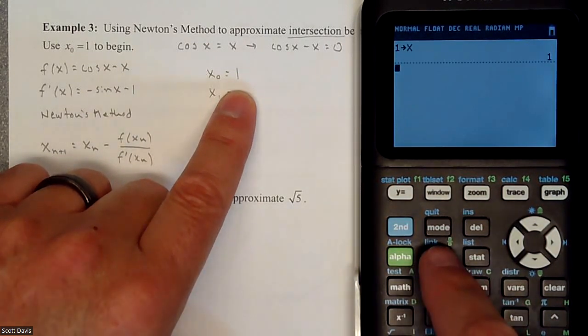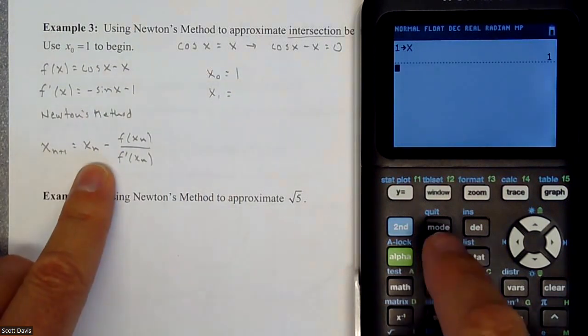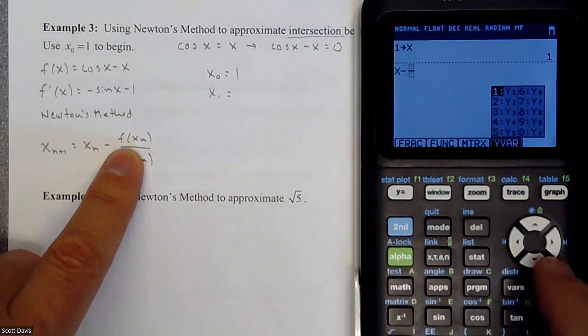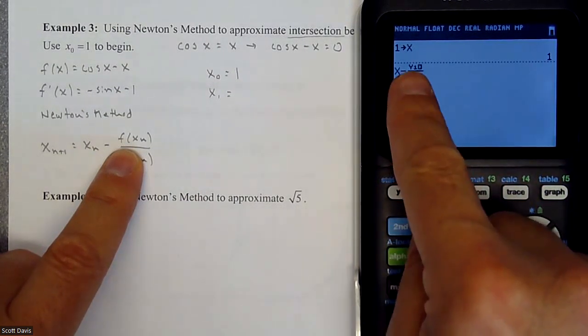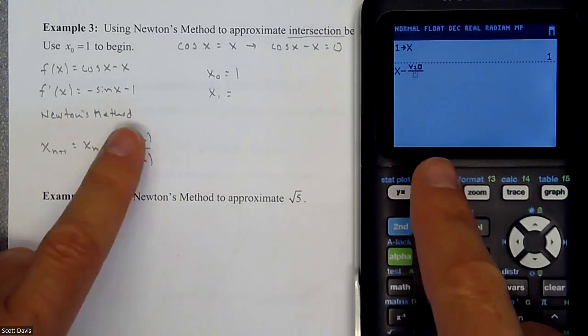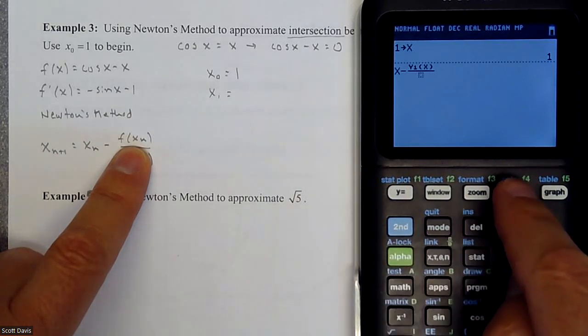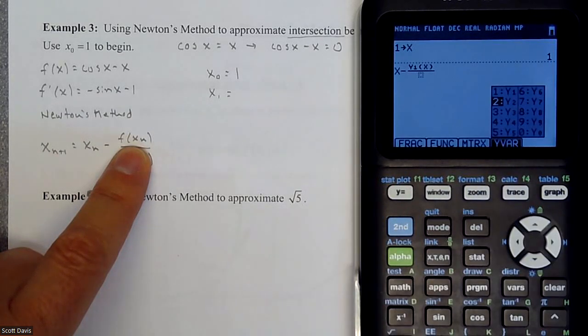Then I'm going to build this formula: x minus this fraction, where the y value is y1, my original function, y1 at x, divided by y2, which is the slope equation at that x.